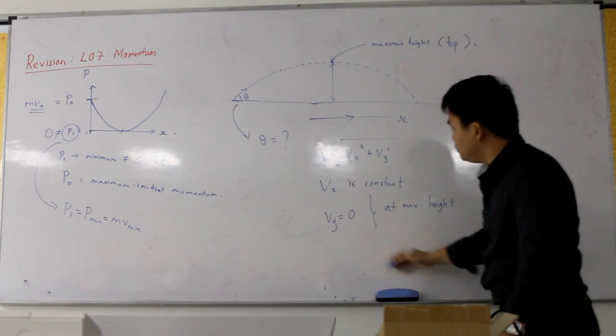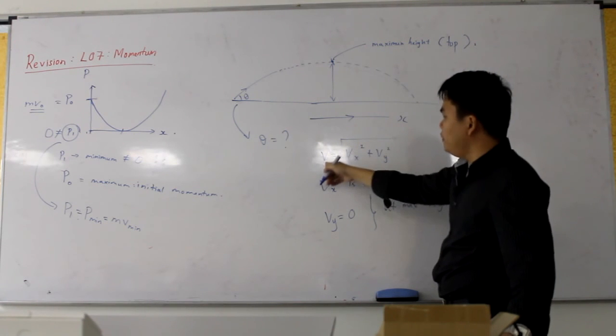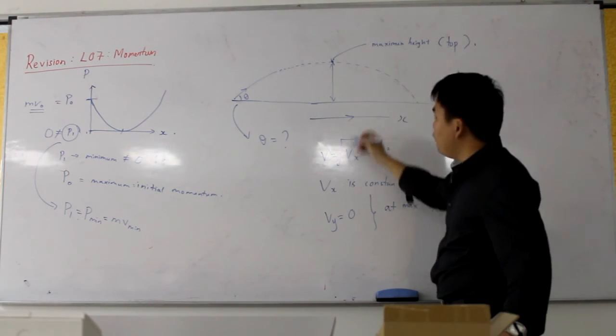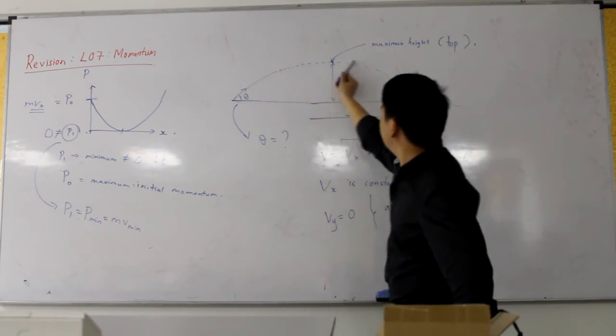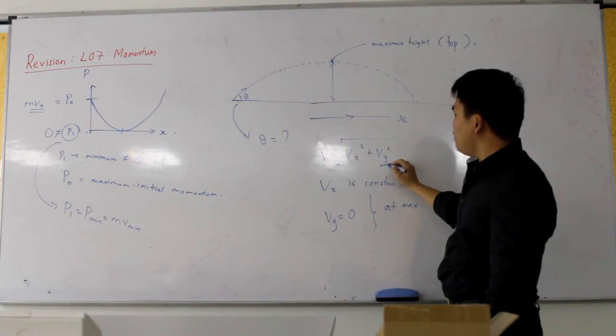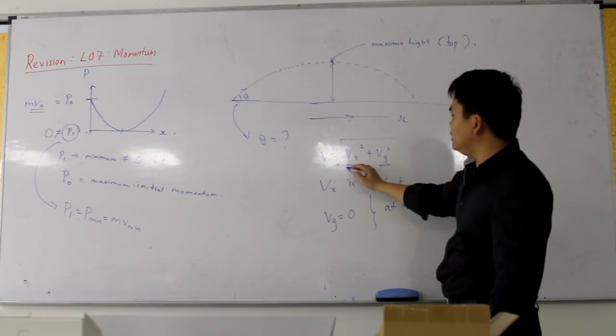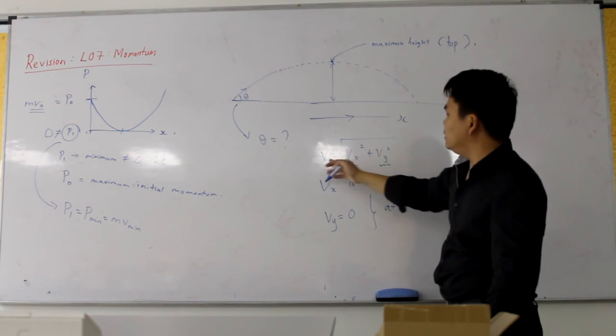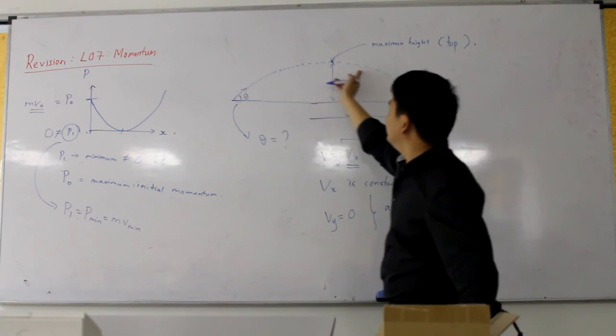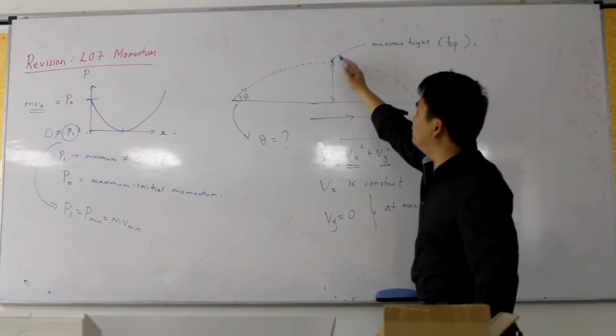And therefore, since vy is 0, v is just vx. For some other position here, vy has a certain value, and since vx is fixed, the v at some other point here is definitely greater than v at the maximum point.